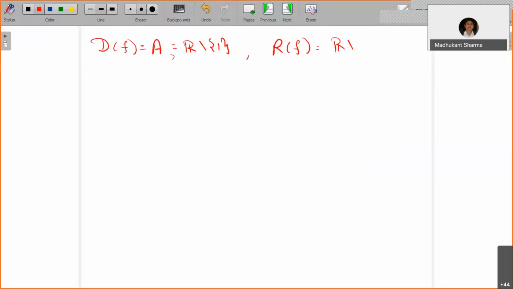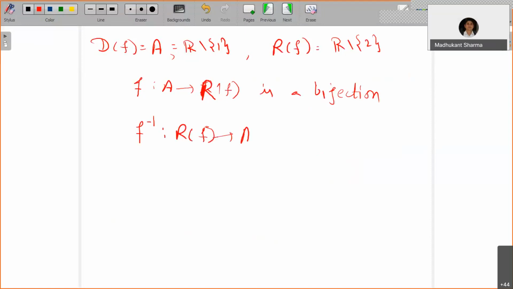R minus {2}. We have already shown that it is an injection over the set A. So f from A to range of f is a bijection. Its inverse, f inverse from range of f to A, is given by f inverse of y equals y divided by y minus 2.